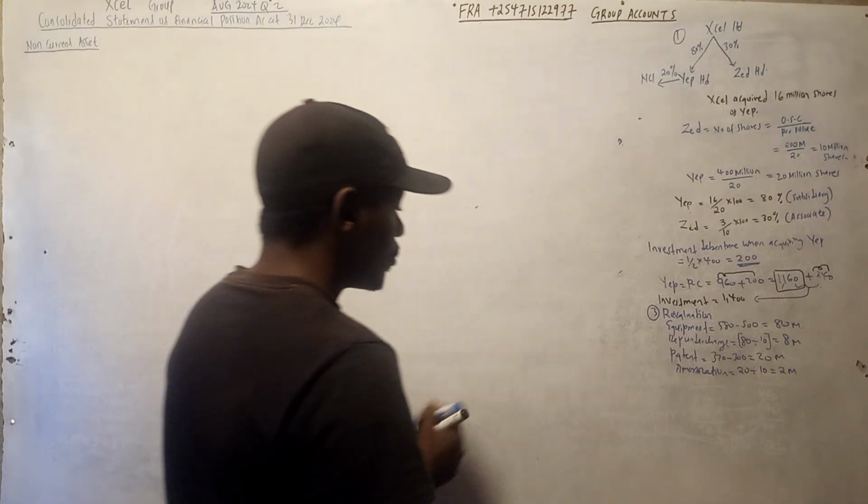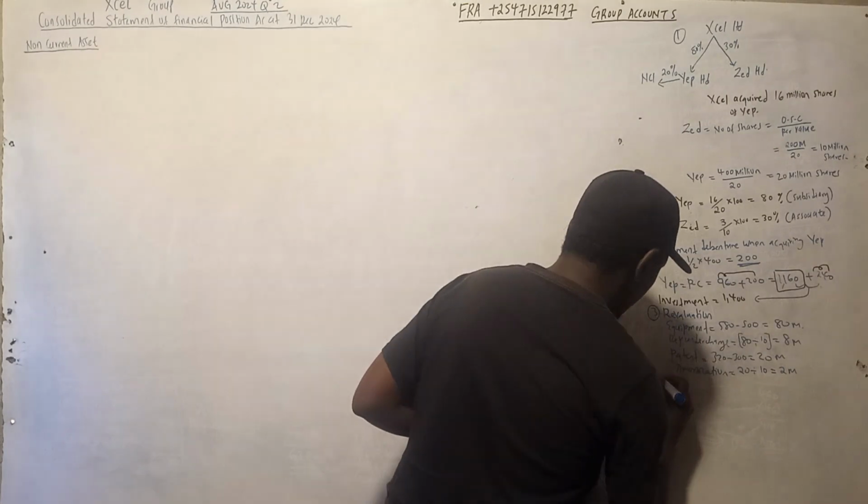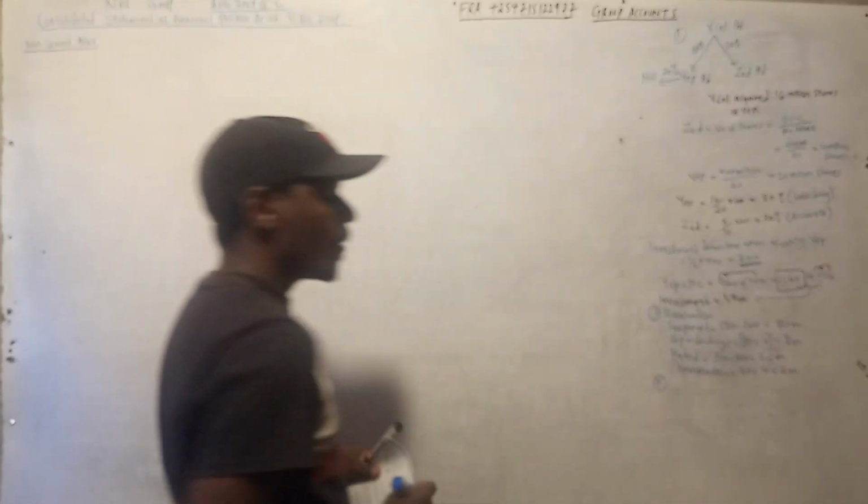It was sold with a markup of 20%. YEP Ltd included the equipment in its non-current assets and charged depreciation at the rate of 20%. So we shall have a depreciation overcharge in that case. So that is what we call the UPFA, intergroup sales of fixed asset.